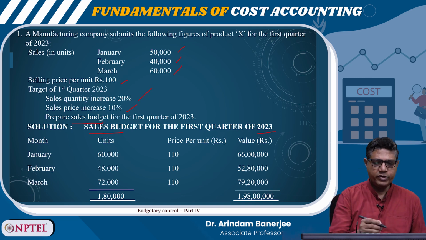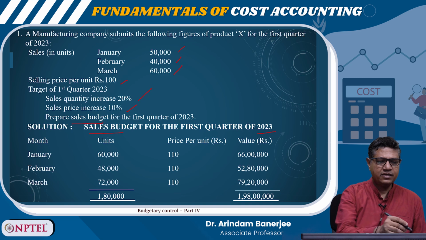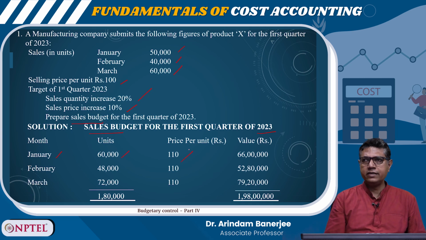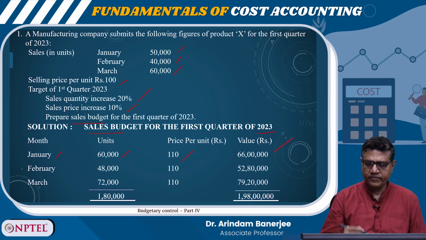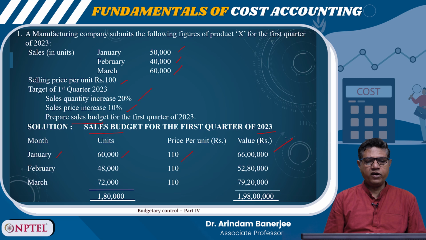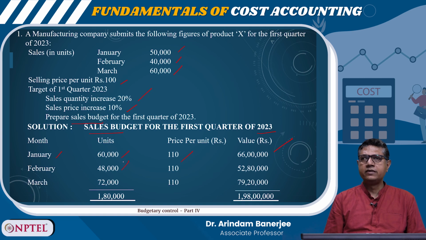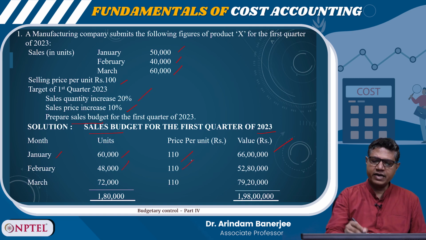Fine. So, we can prepare it like this. For the month of January, the units are 60,000 and the price per unit is 110. If I multiply 60,000 by 110, it comes to 66 lakh. For February, the total number of sales is 48,000 and the price per unit is the same, 110.